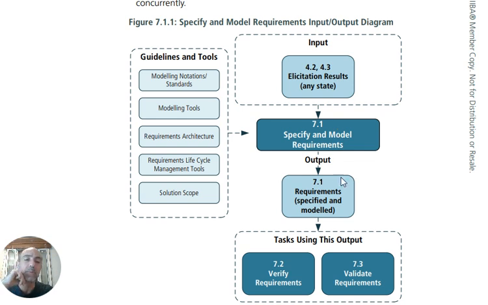And whatever we're outputting, we're getting the requirements after we're done, which we're outputting at verifying and validating, which are basically the tasks afterwards. We're going to use the specify and model requirements in order to verify and validate them. And I love the verify and validate because now for the first time I know which one comes after the other.